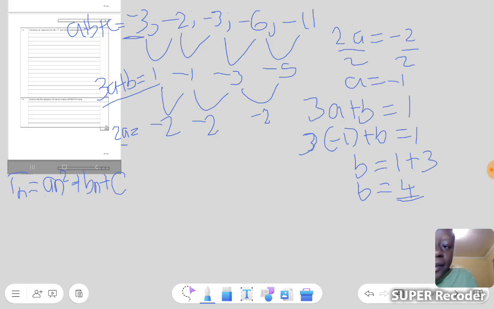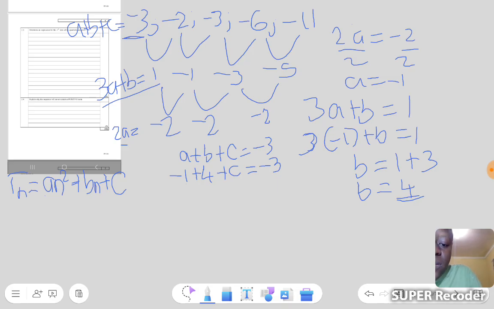Let's find c using the formula a plus b plus c is equal to negative 3. A is negative 1, b is 4, plus c equals negative 3.